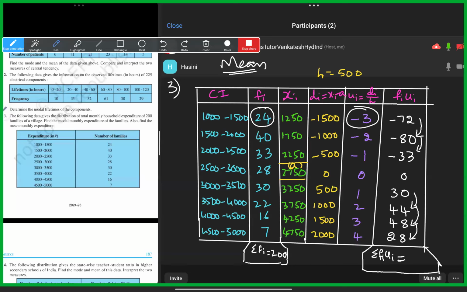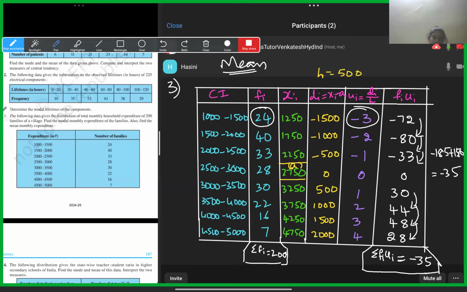So we have minus 185 and plus 150. How much will it become? Minus 35. This value is minus 35.